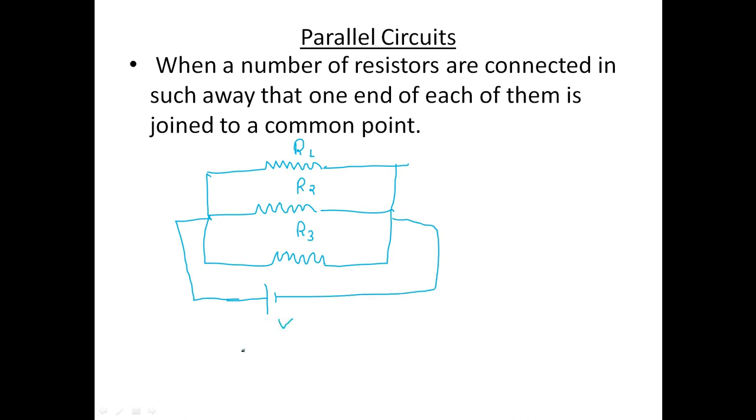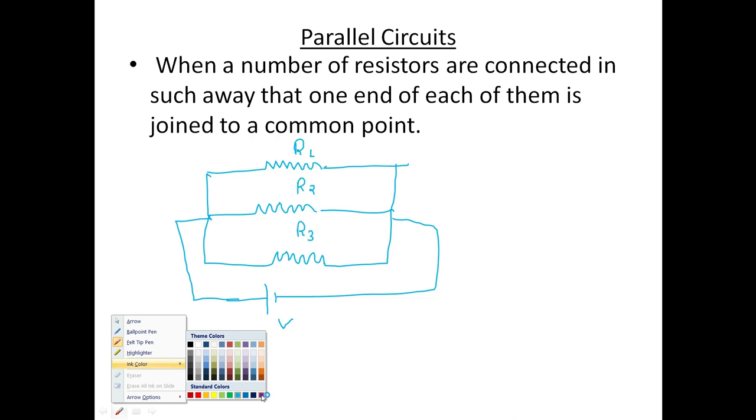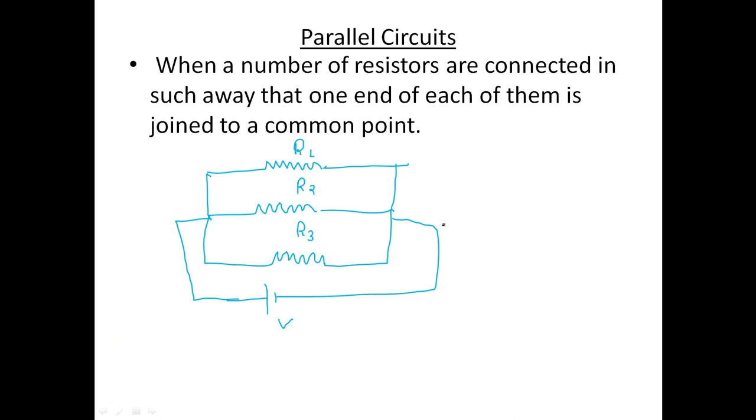So in a parallel circuit, the equivalent resistance is given by 1 upon R equivalent equals 1 upon R1 plus 1 upon R2 plus 1 upon R3.